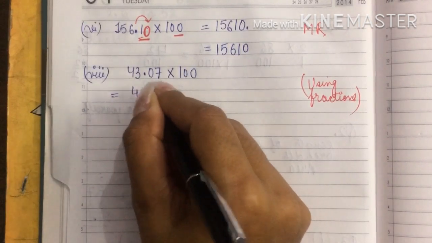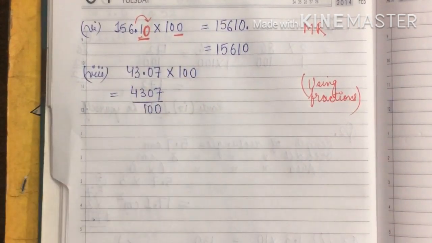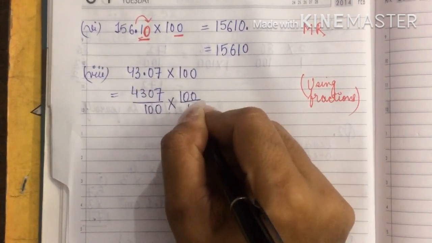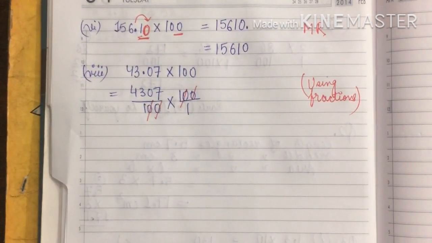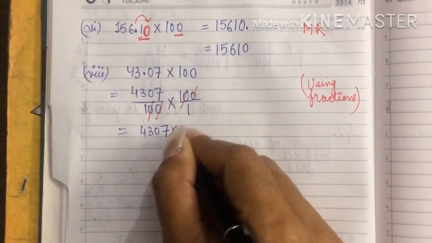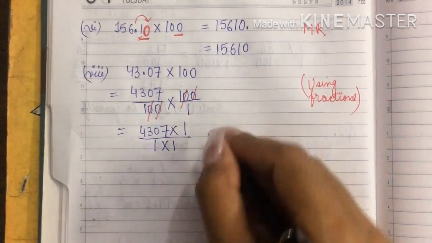So this decimal number 43.07 can be written as 4307 over 100. This can be written as 100 over 1, and these two zeros get cancelled with these two zeros. In the numerator 4307 multiplied with 1, in the denominator 1 multiplied with 1.